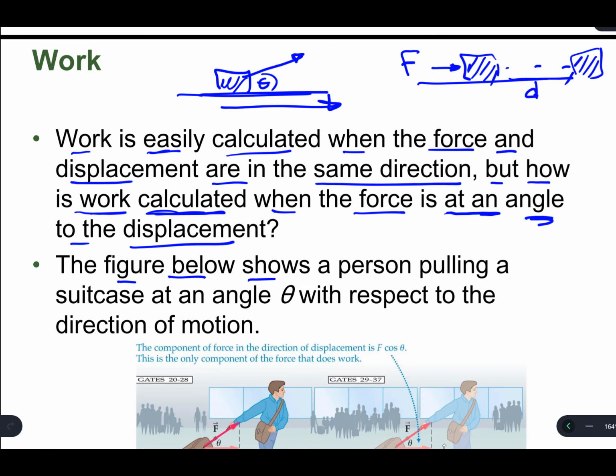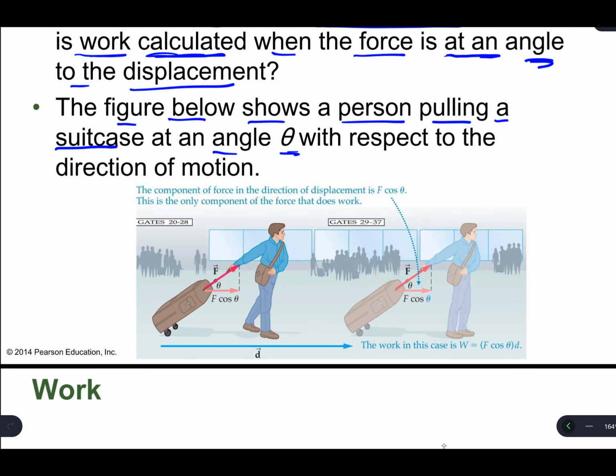The figure below shows a person pulling a suitcase at an angle theta with respect to the direction of the motion. As you see, there is an angle theta with the direction of the motion. What you are going to do here is resolve the force vector in two directions, horizontal and perpendicular. The one that makes work is the one in the same direction as the motion, so only Fx, the component in the x direction.